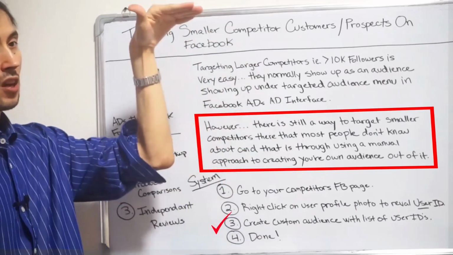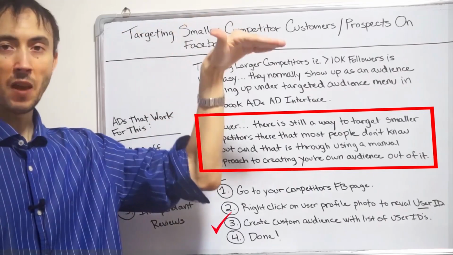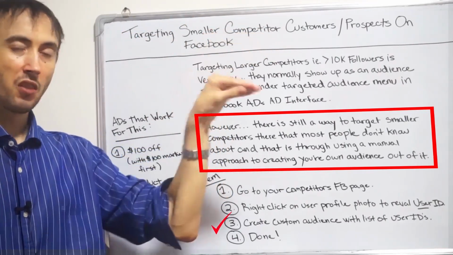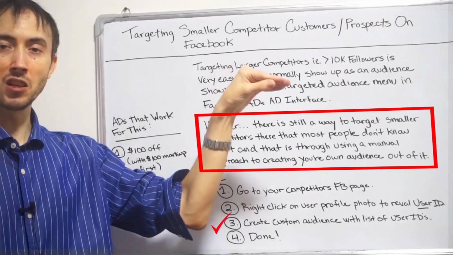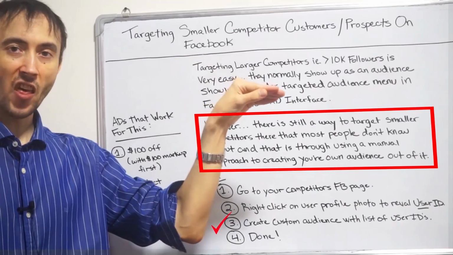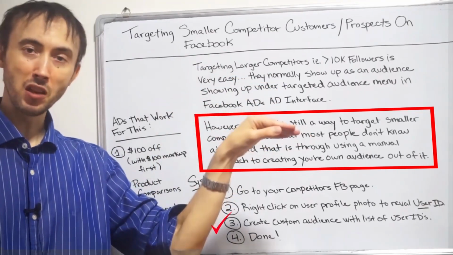You start with current customers. You extract as much LTV, or lifetime value, or revenue out of that audience as you can, marketing on Facebook. And then you go to people that have been to your site and aren't a customer yet. Extract everything you can out of that. Then go to your competitors' buyers and try to get what you can out of that.